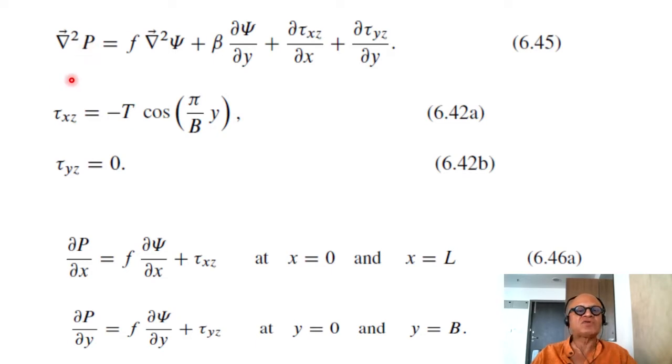So our equation now is grad squared p, again a boundary value problem, given by f grad squared psi, which is solved for separately, plus beta del psi del y, plus the forcing in the x and y direction at the surface, tau xz.